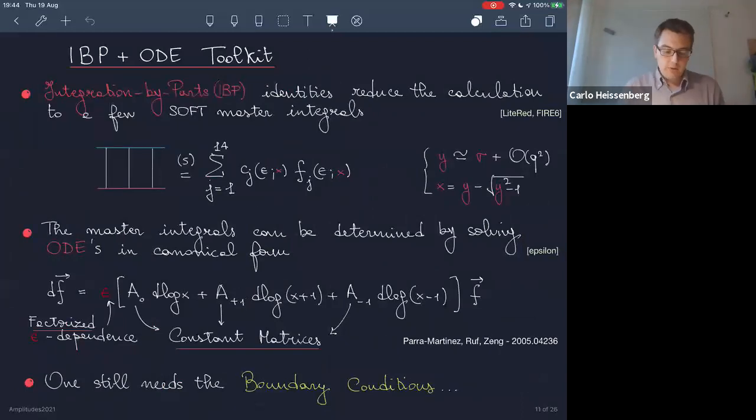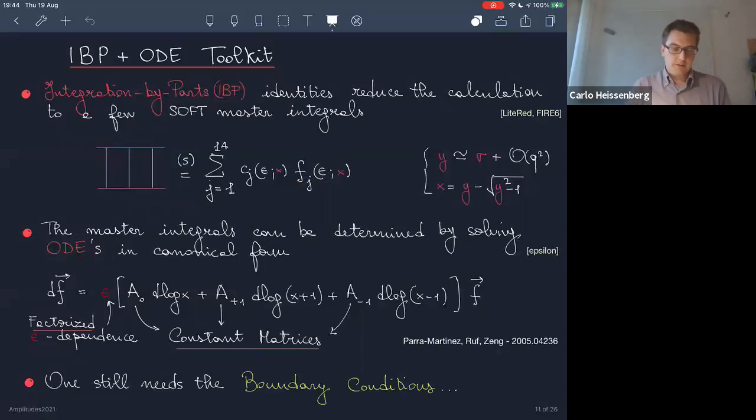And to evaluate this type of integrals, Julio, Michel, and Mao have developed a beautiful technique based on differential equations. So schematically, one identifies a basis of soft master integrals, so master integrals that are really tailored to these soft region calculations. And once one has done that, one can expand any of these integrals into these master integrals.